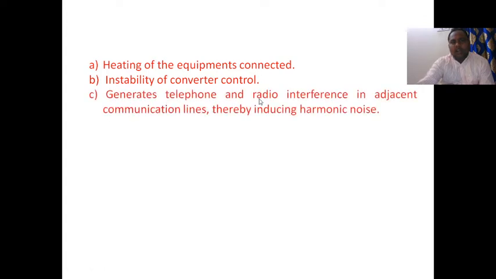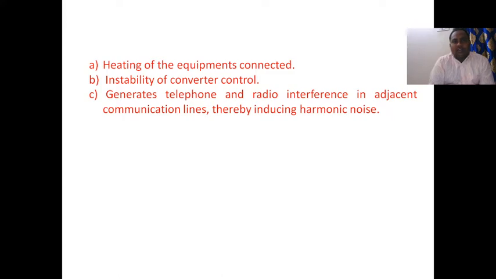generates telephone and radio interference in adjacent communication lines, thereby inducing harmonic noise. So, what is telephone interference or radio interference? We know that corona loss is a main criterion while designing a transmission system, whether it is AC or DC.